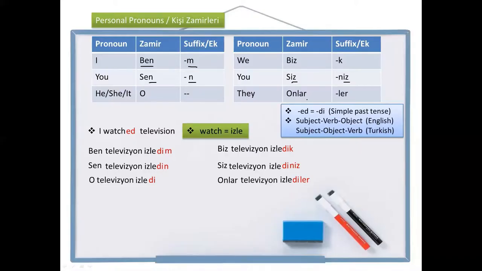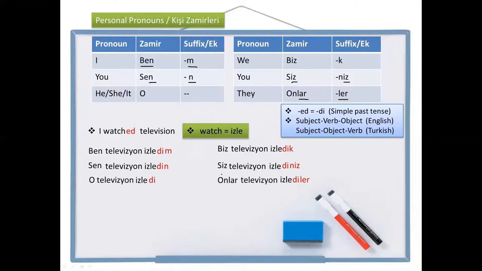And the last one, onlar, as you see, the last syllable of this pronoun is lar, and the suffix is ler. This suffix sometimes will be ler, sometimes will be lar, according to vowel harmony, which I'm going to show in the following lesson. But now, as you see, the last syllable of the pronoun is also the suffix of the pronoun.